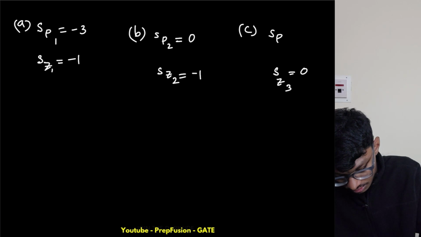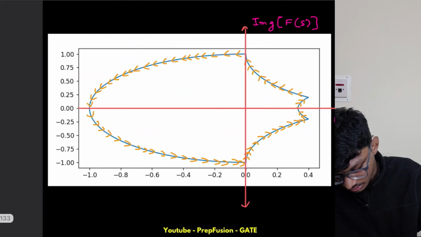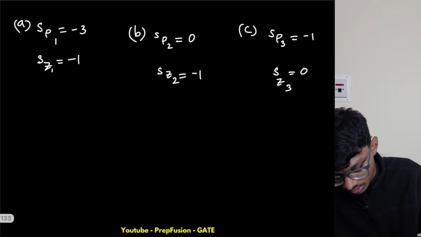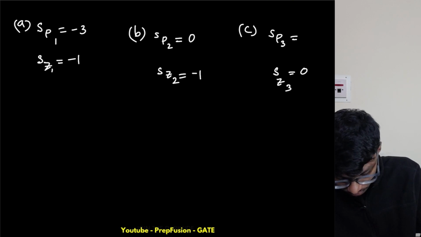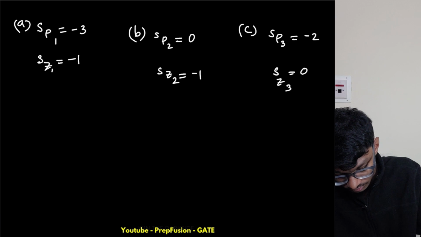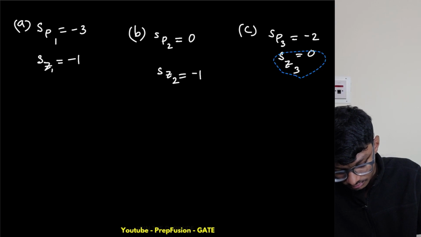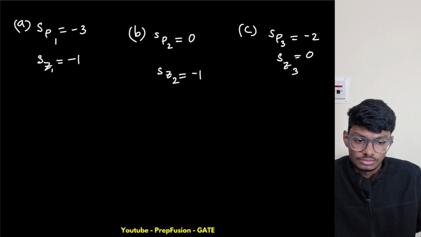Am I correct? Yes, sorry, s equals -2 is the correct pole.